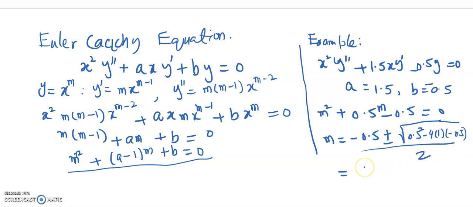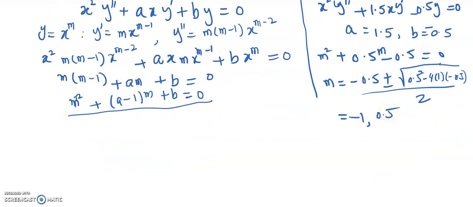When you solve it, you will get the values minus 1 and 0.5. So we got two distinct roots in this case.